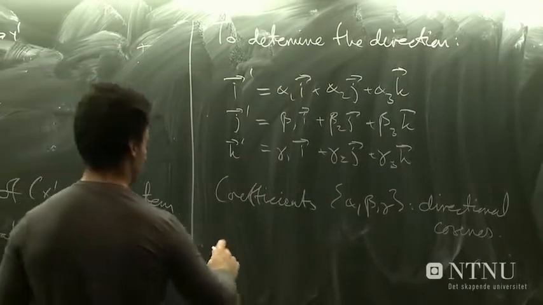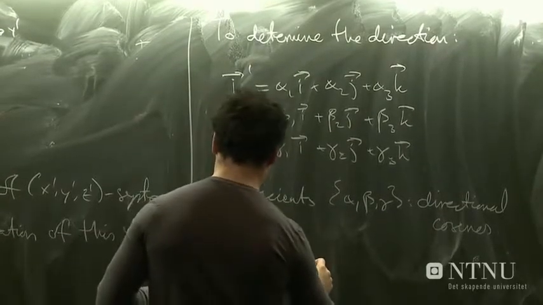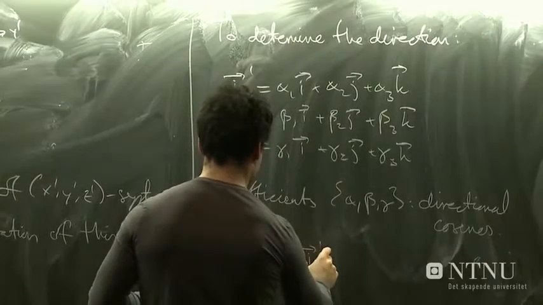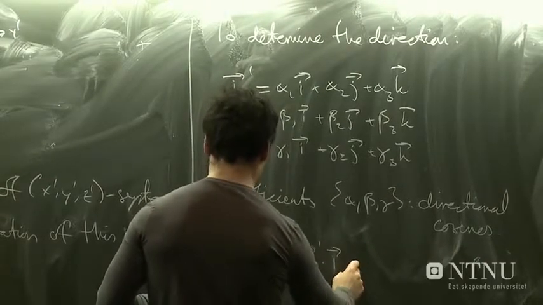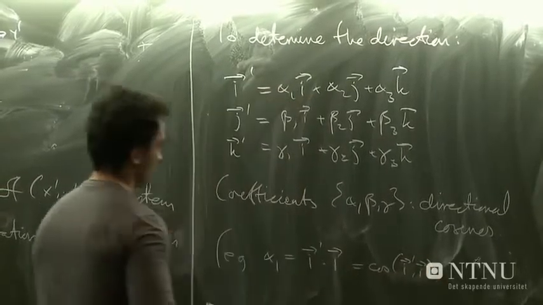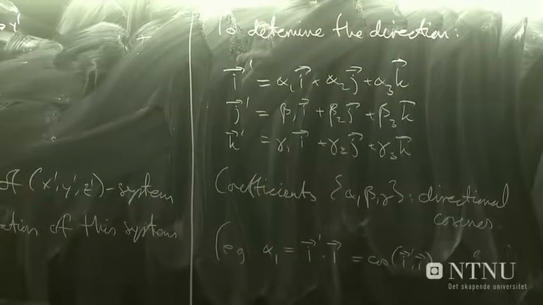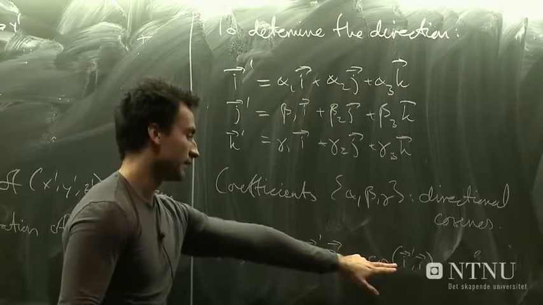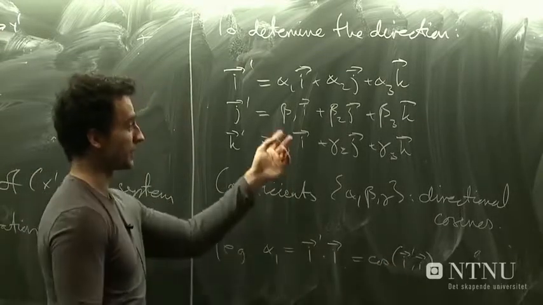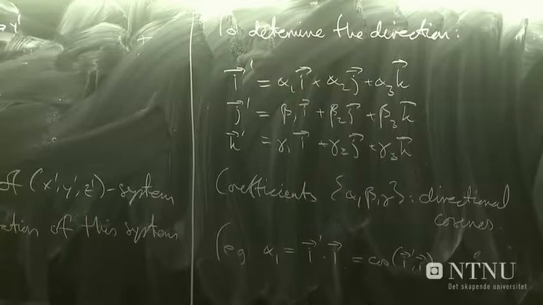Well, you see that alpha 1 is given as the scalar product between i' and i, which is given as the cosine of the angle between these two vectors. So each of these coefficients that give us our linear system of equations can be expressed as the cosine between two vectors. And we have 9 of them.